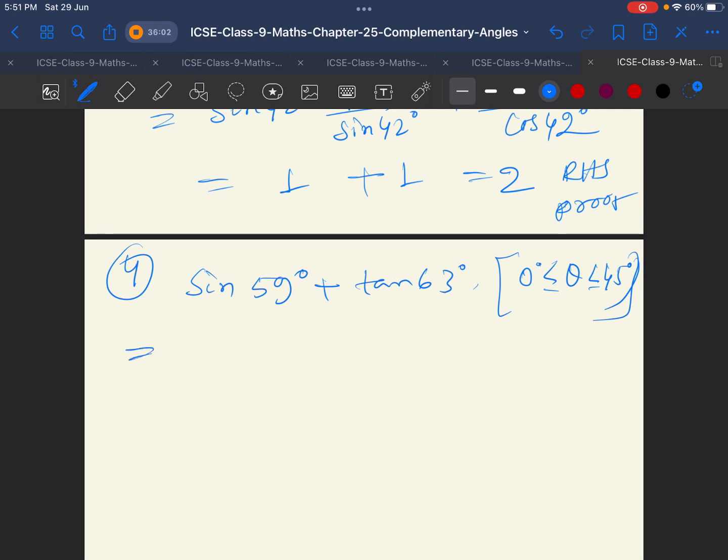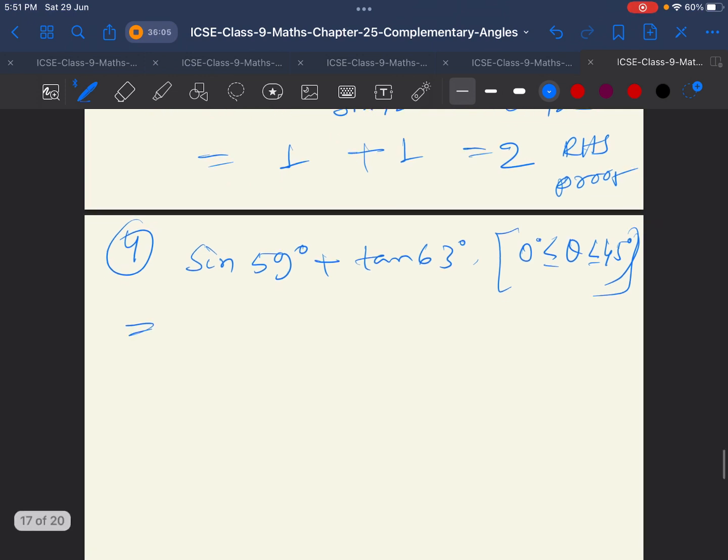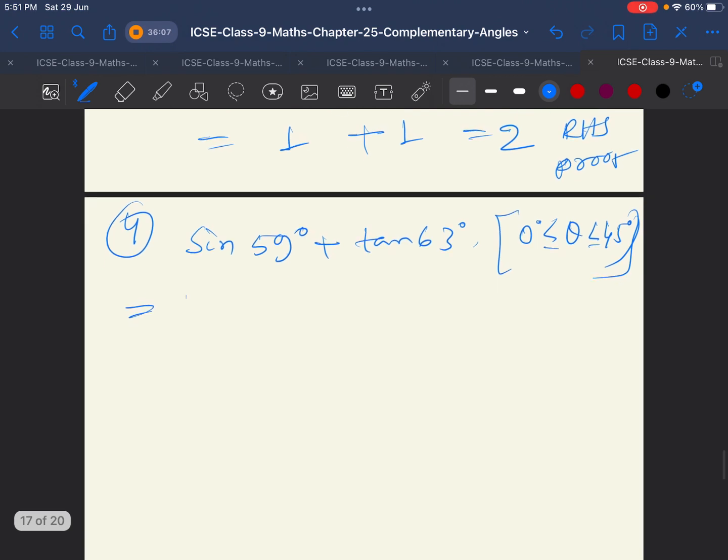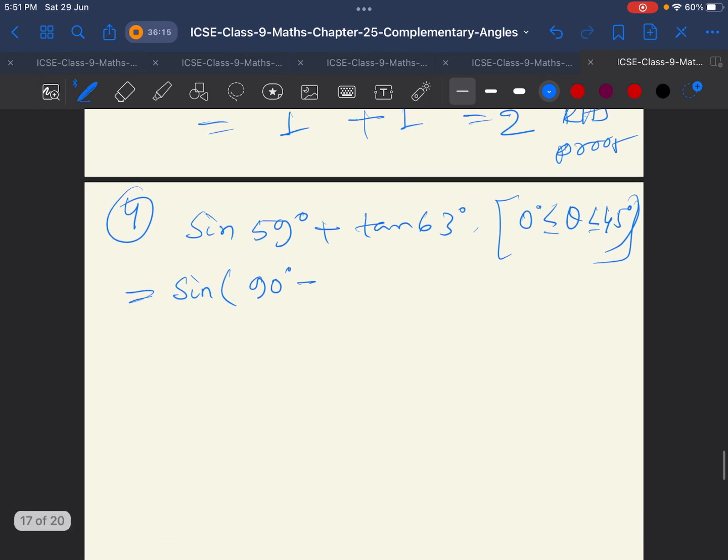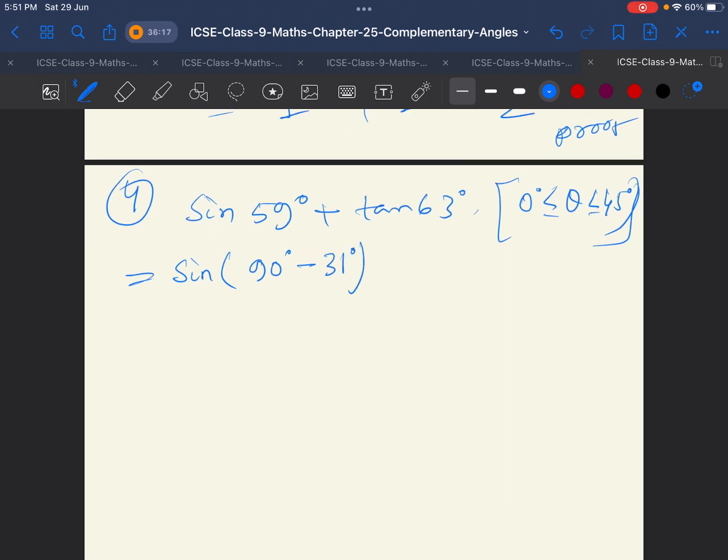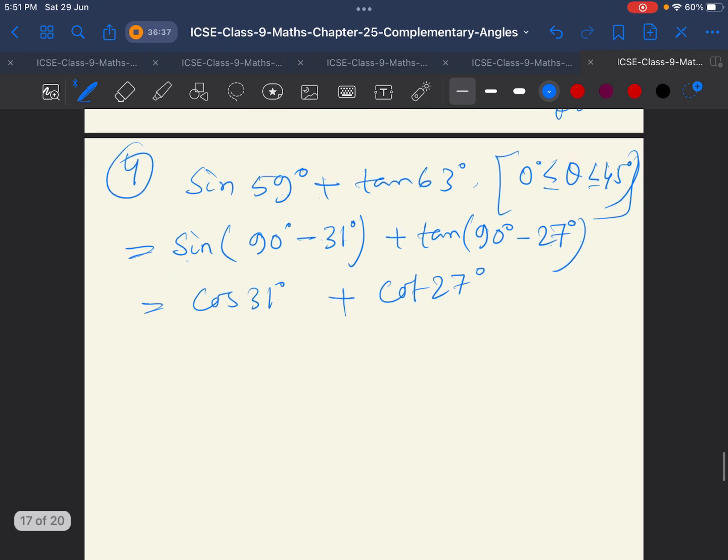So here we convert 59 into the 0 to 45 range. We can write sine 59 as 90 minus 31 degree plus tan of 90 minus 27 degree. So 90 minus 31 is 59, and 90 minus 27 is 63 degree. So this is cos of 31 degree plus cot of 27 degree.